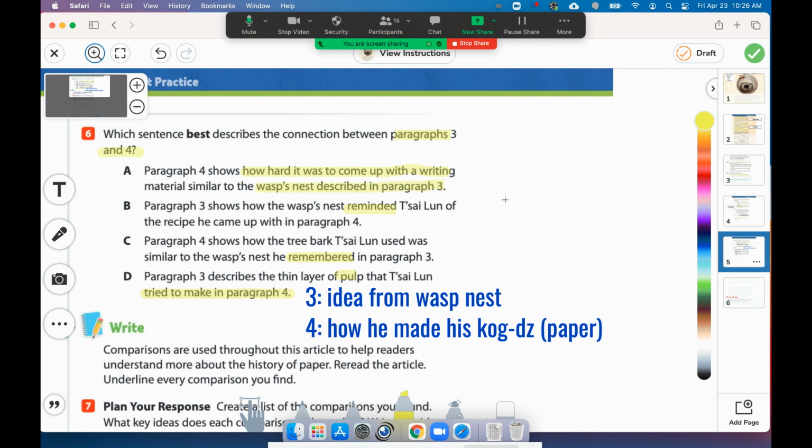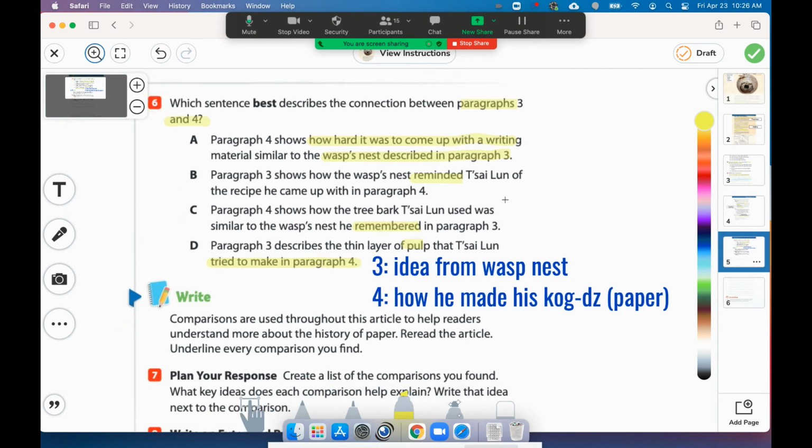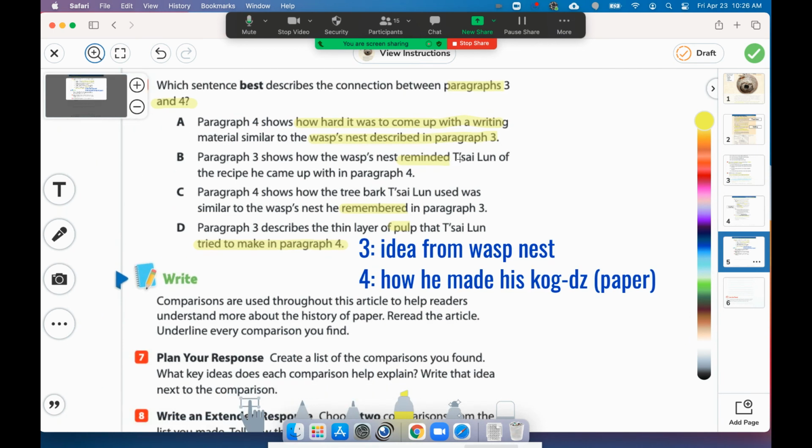Go ahead and highlight or circle the best choice. Think about which one happened first. Reminded and remembered means that the wasp nest came second.